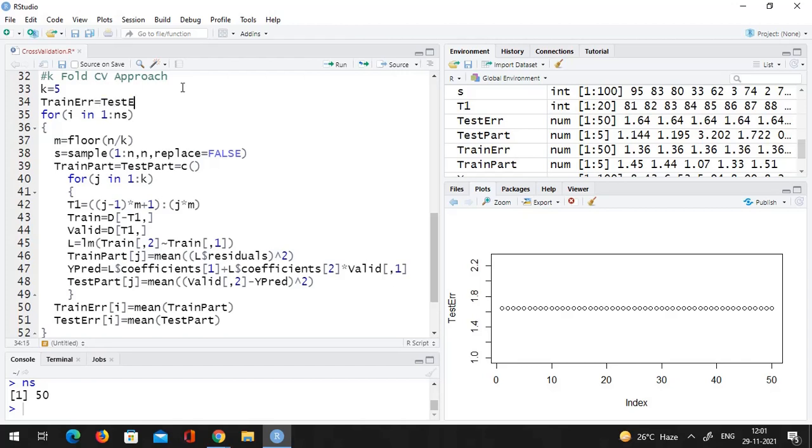Let me create blank vectors just to be safe. Train part, test part are being replaced every time.